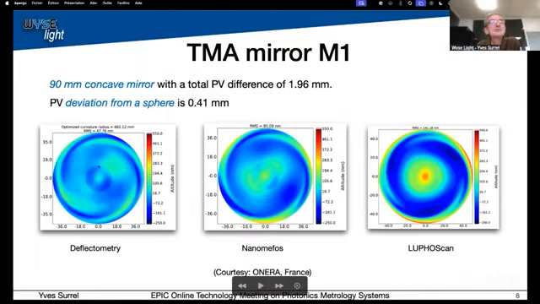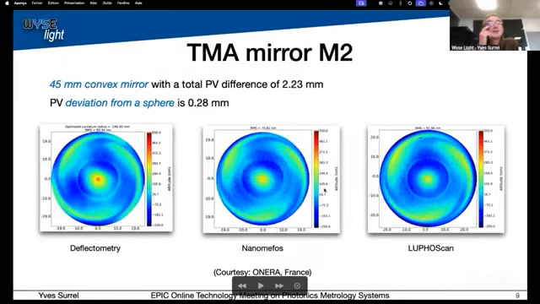And we have the deviation to the nominal shape, with here an RMS value of 48 nanometers, and the other techniques give a quite higher deviation to the nominal. I will make some comments afterwards about that. I will show the second mirror of the TMA. It's a 45 millimeter convex mirror.